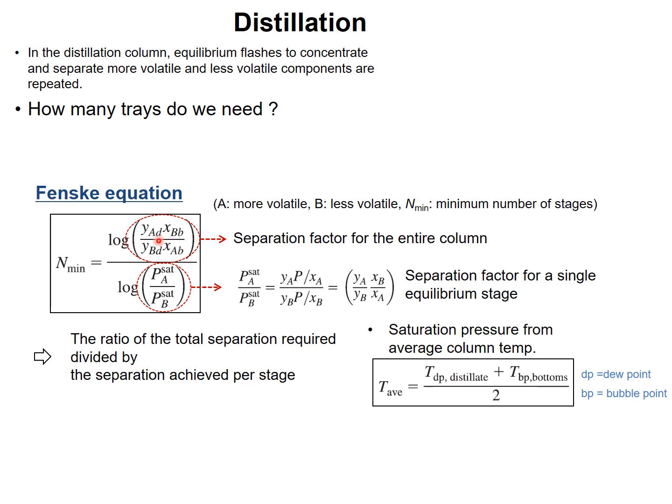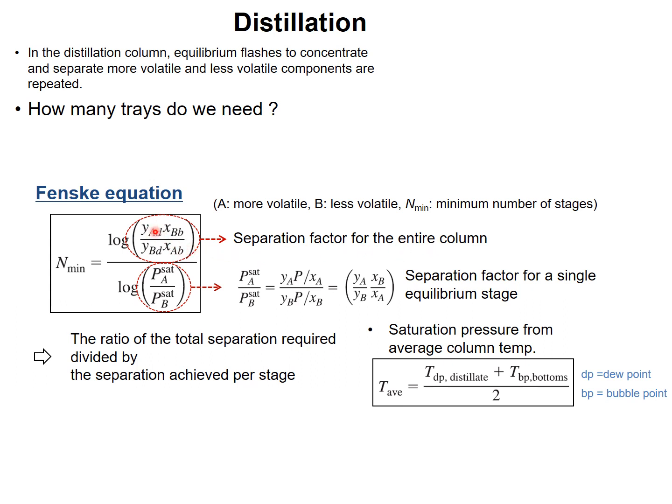This one means the ratio of mole fraction of A to B in the distillate or top product, and B to A for the bottom product. That is the separation factor for the entire column.